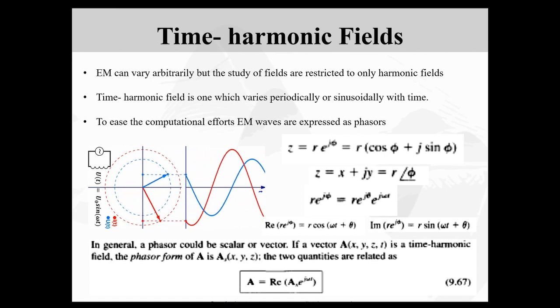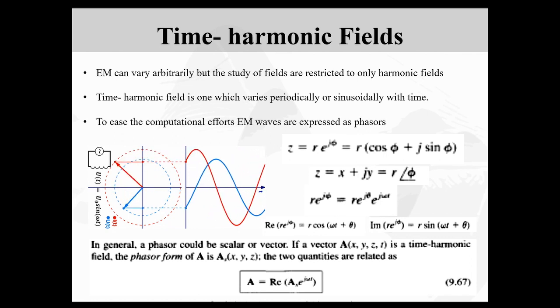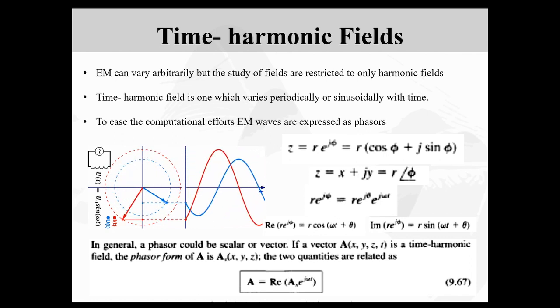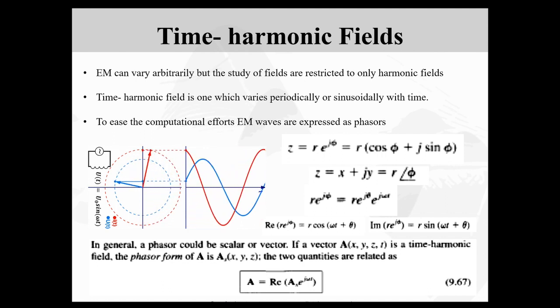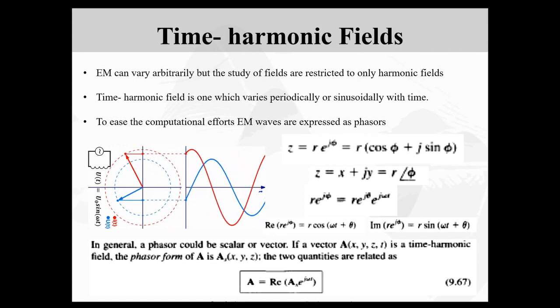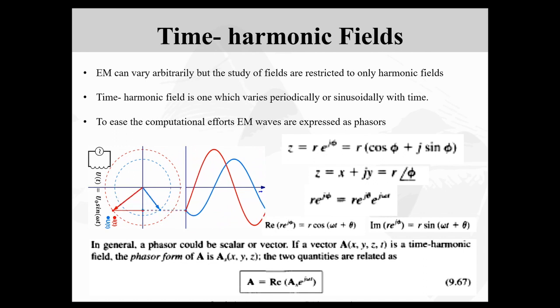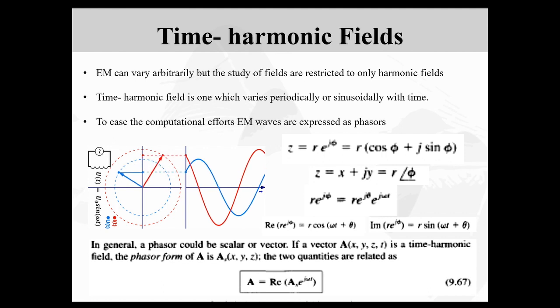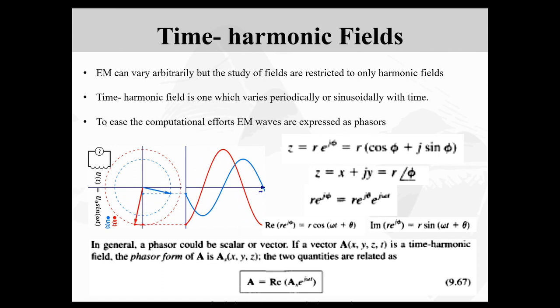So far, when we said that a time varying magnetic field will produce a time varying electric field, that time variation could be arbitrary in nature, which means the field could vary as any function of time. But from now on, whenever we talk about time varying fields, we implicitly talk about time harmonic fields, which means fields varying periodically or sinusoidally with respect to time.